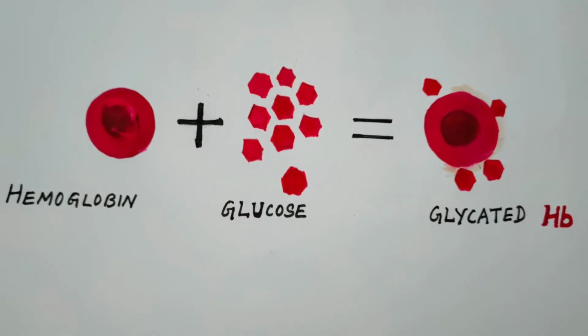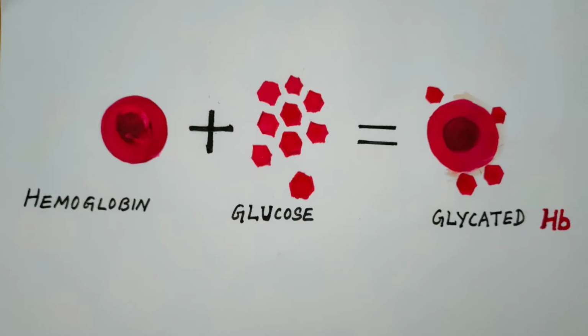Once the glucose level is very high in the blood, it encounters the red blood cells and the hemoglobin which is present in the red blood cells. So the glucose coats the hemoglobin, or we can say that hemoglobin is attached to glucose.